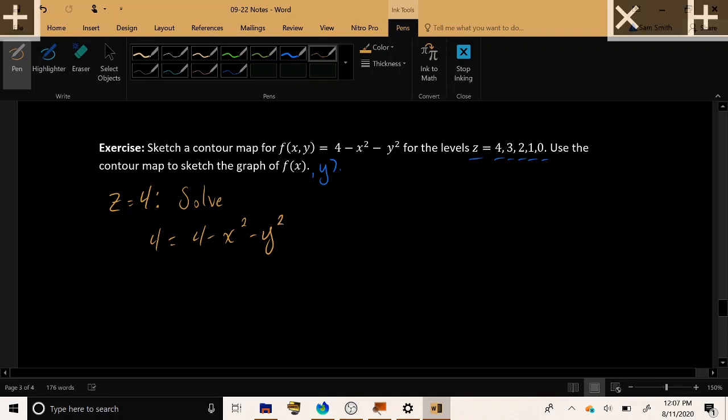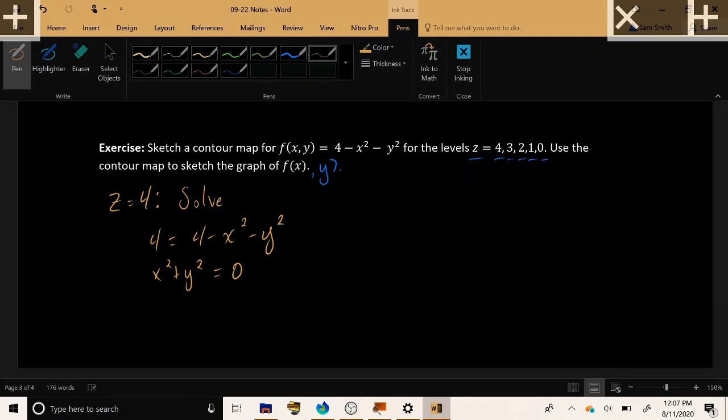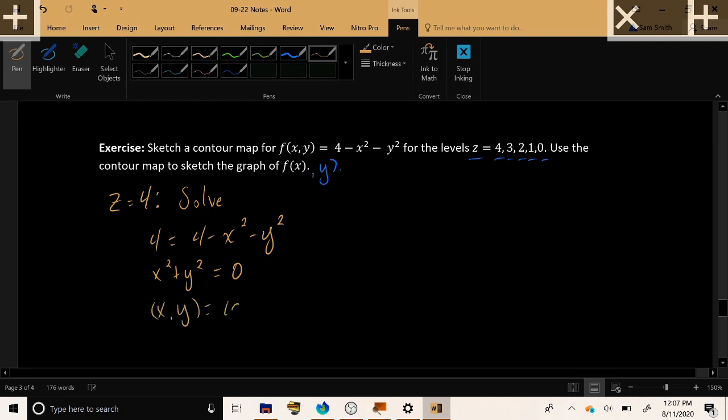Now suppose that I add x squared plus y squared to both sides and subtract 4 from both sides. That says that if I want a point whose output is 4, then x squared plus y squared has to be 0. So this is in a sense a circle of radius 0, which is just the single point x, y equals the origin.